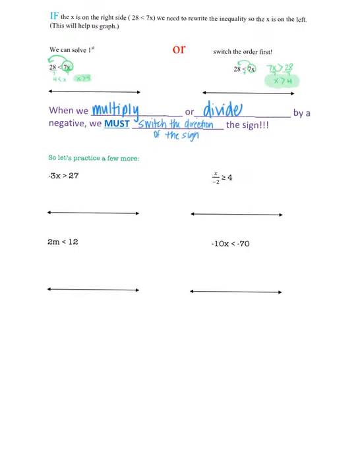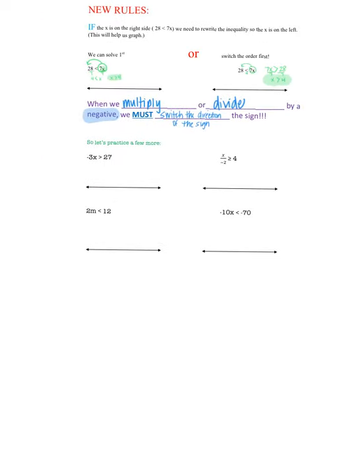Only if we're multiplying or dividing by a negative. If we're multiplying and dividing by a positive, it doesn't matter. But if we're multiplying and dividing by a negative, we have to switch the sign.